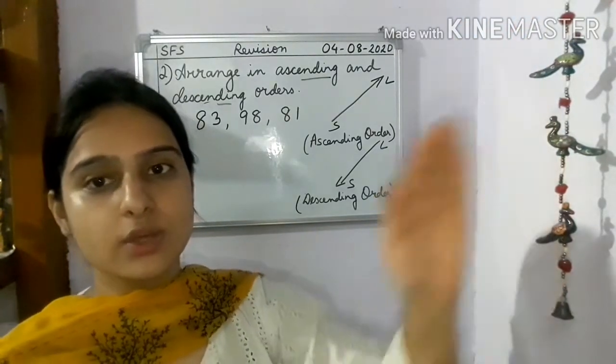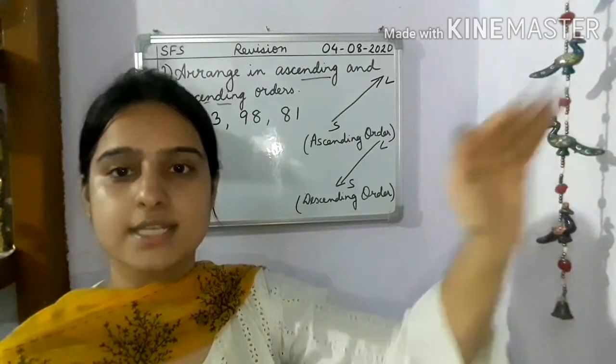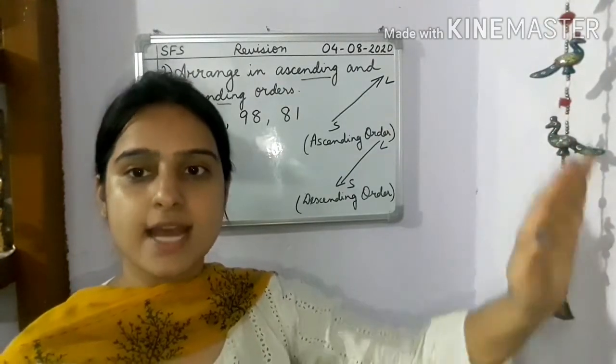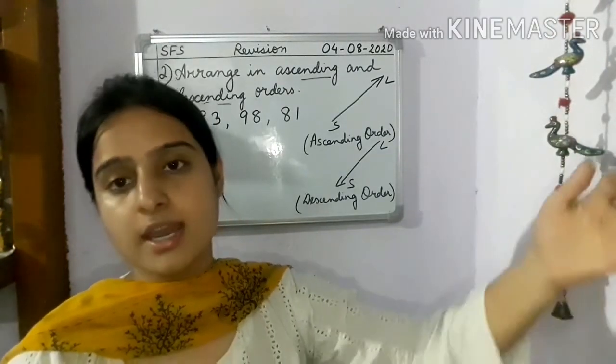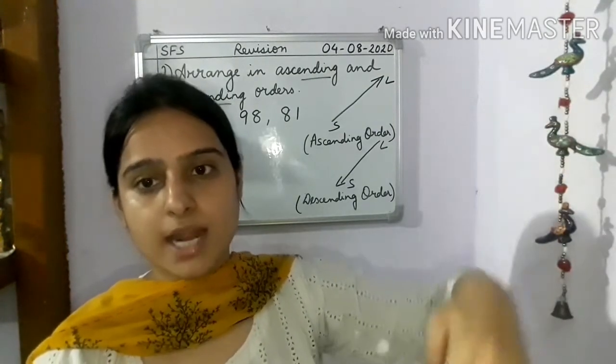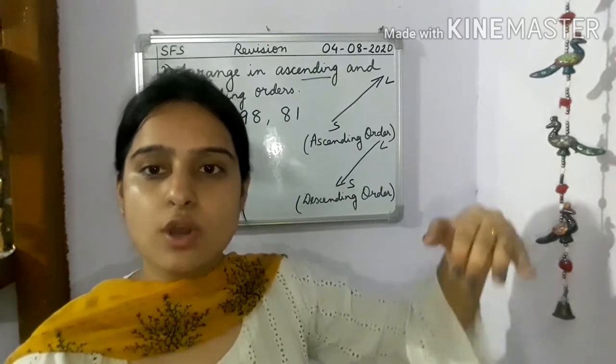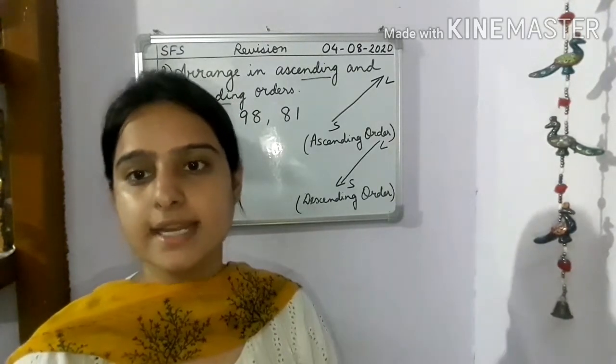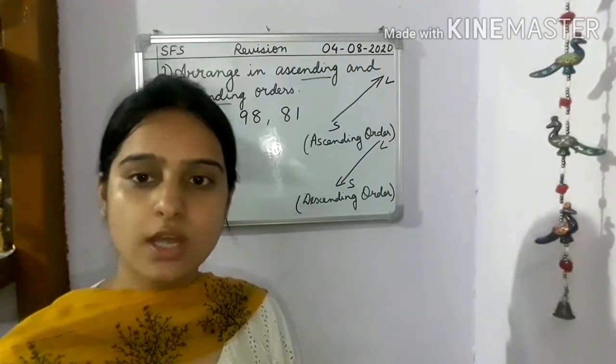So you are going from smallest to largest. So which order is that? That is your ascending order. And when you come down the stairs, children, that means you are coming from largest to smallest. Which order is that, children? That is descending order. Am I clear to you all?